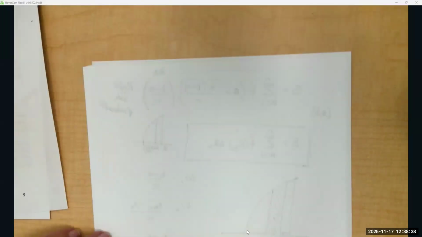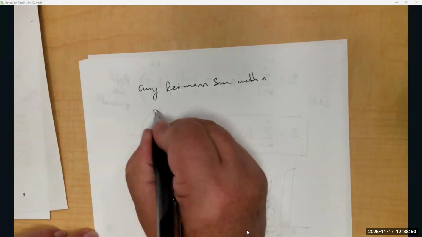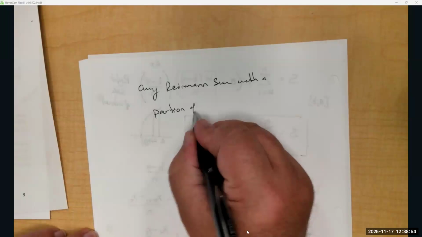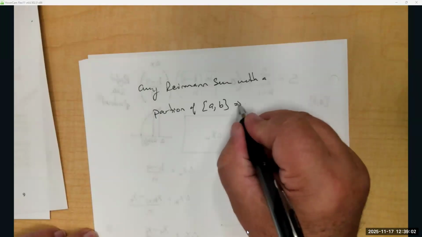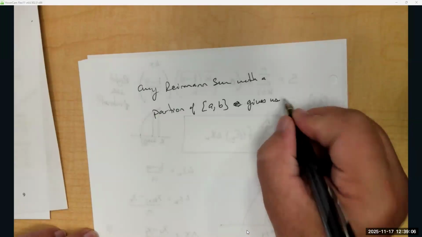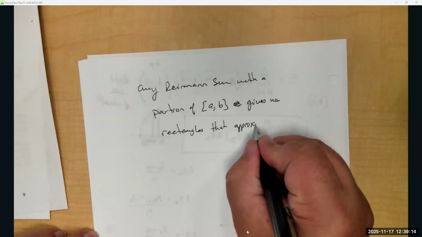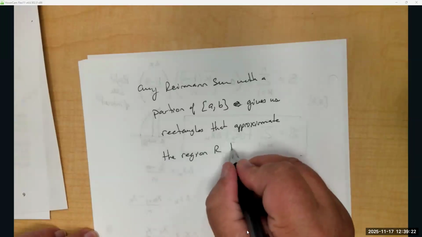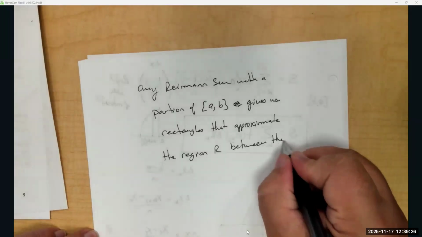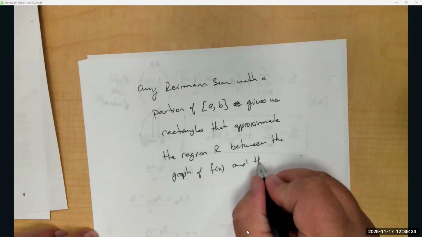All right, so in summary for this section, any Riemann sum with a partition of our closed interval gives us rectangles that approximate the region R between the graph of our function and the x-axis.